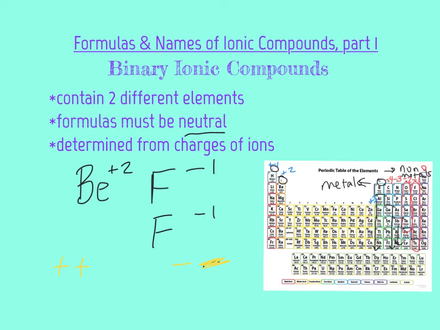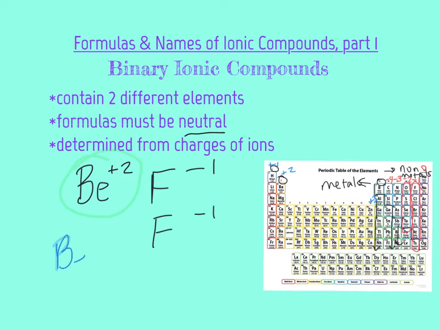Okay, so now I can write the formula of this compound. All I have to do is count up how many I have of each ion. So how many beryllium +2 ions do I have? 1. So I'm going to write Be, oh sorry, I wanted to do that in regular.